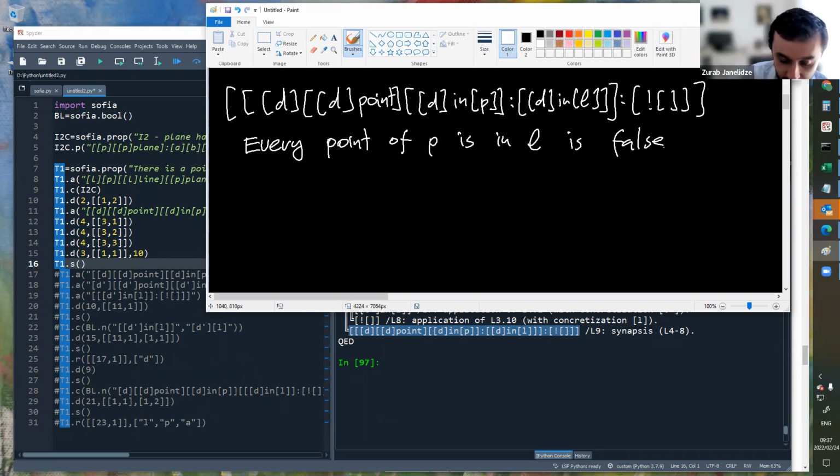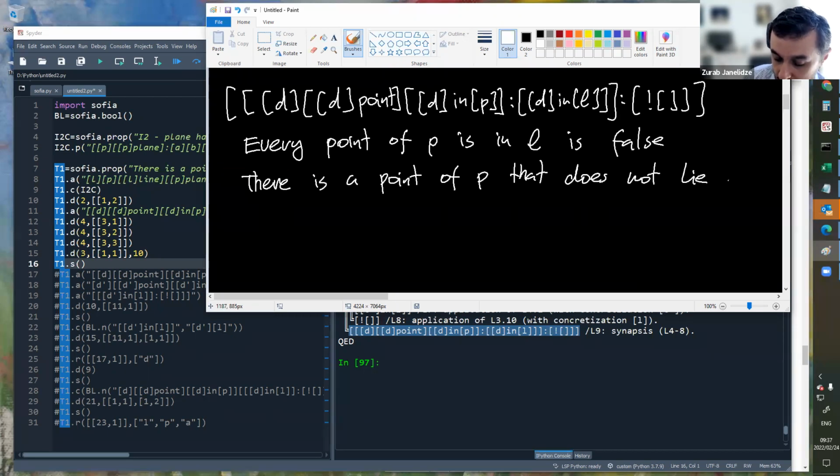What we want to obtain is there is a point of P that does not lie in L, or rather that is not in L, just to make it shorter.